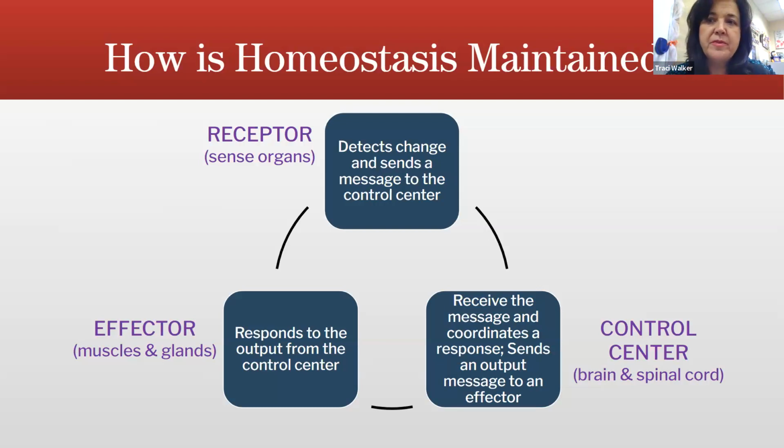They come in from the nervous system, from all the nerves in the nervous system. Then the brain processes this information and determines what the body needs to do. So then the brain sends out a message to the effectors. The effectors are our muscles and our glands and other parts of the body that change as a result of what the control center tells them to do.